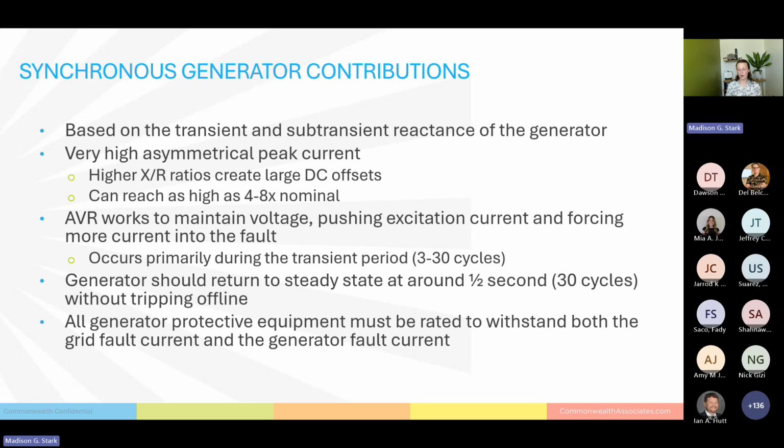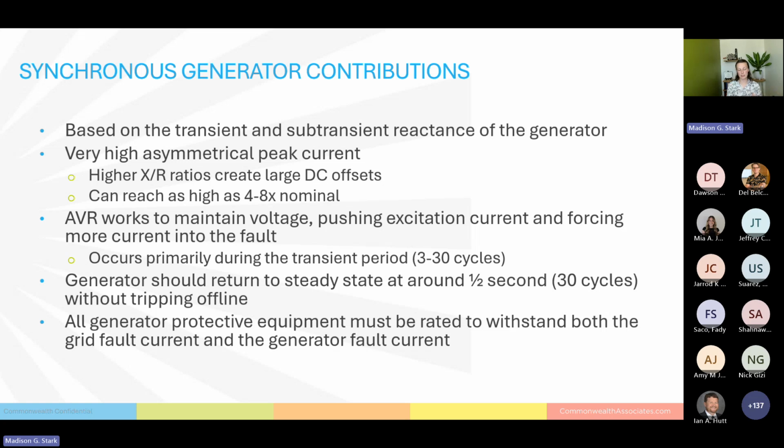That rising excitation current is going to force the generator to continue to output current into the fault. This is going to occur also on a short-term basis. This is the transient period of the fault, so 3 to 30 cycles. By the end of that 30 cycles, which is around half a second, the generator really needs to return to steady state operation to protect its own physical capabilities.